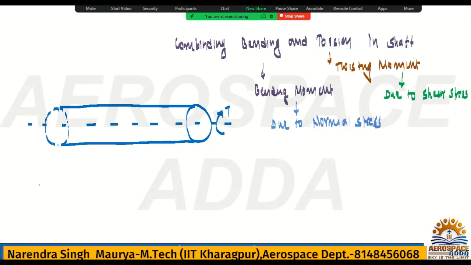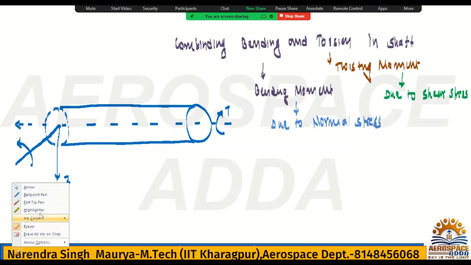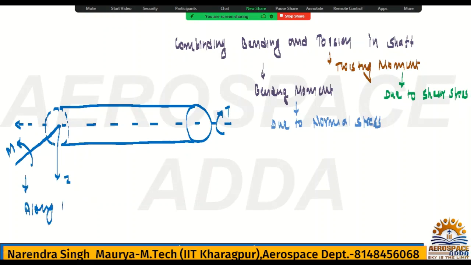Suppose this is one axis and this is another axis, say the z axis, so your bending moment will be acting here, and this is nothing but M, which is the bending moment. So for the shaft, both twisting moment and bending moment we are getting. T is the twisting moment and M is the bending moment. Bending moment is along the axis, and twisting moment is around the axis.